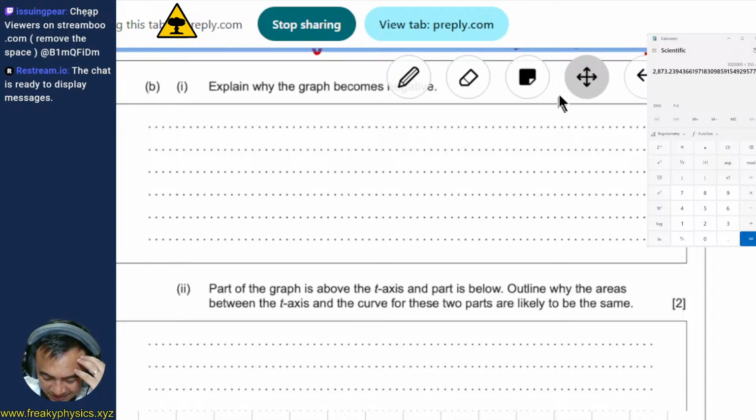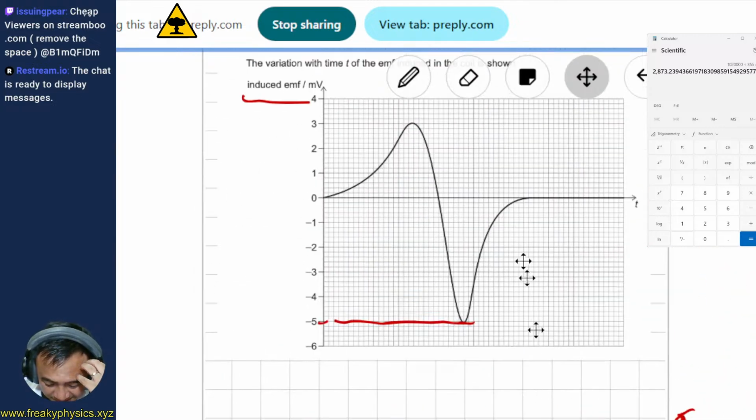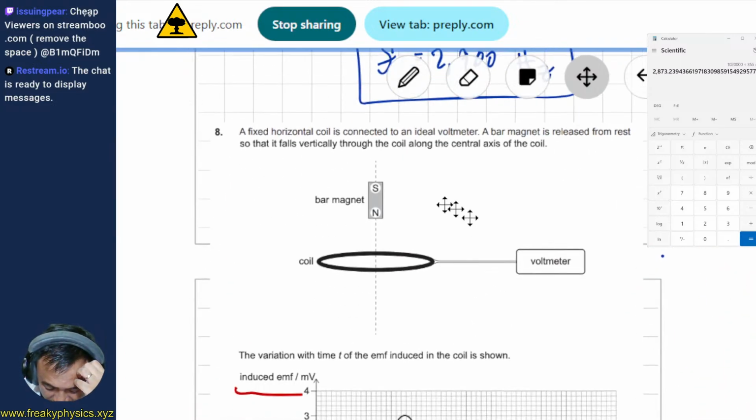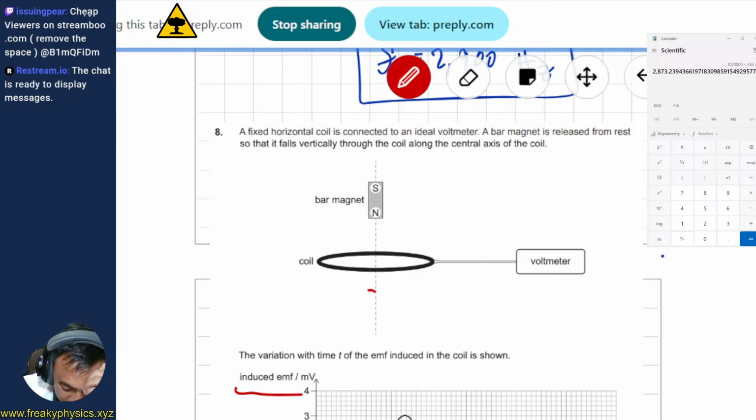The reason is this: think about it, as the magnet falls, it basically provides energy for the coil, right? Now as the magnet goes through here, at this point that's the north pole on the coil and this is the south pole of the coil, as that falls.